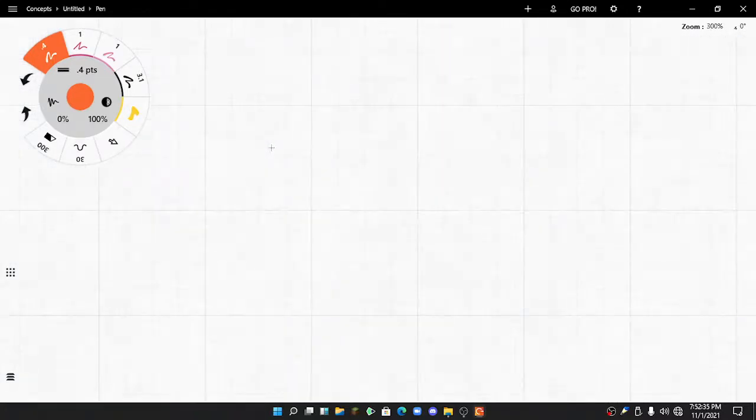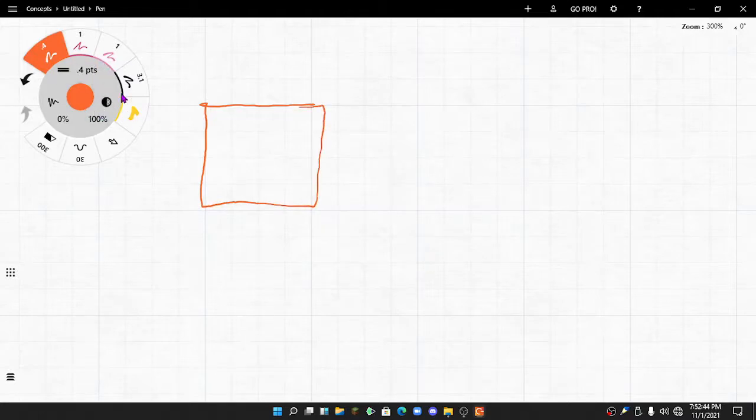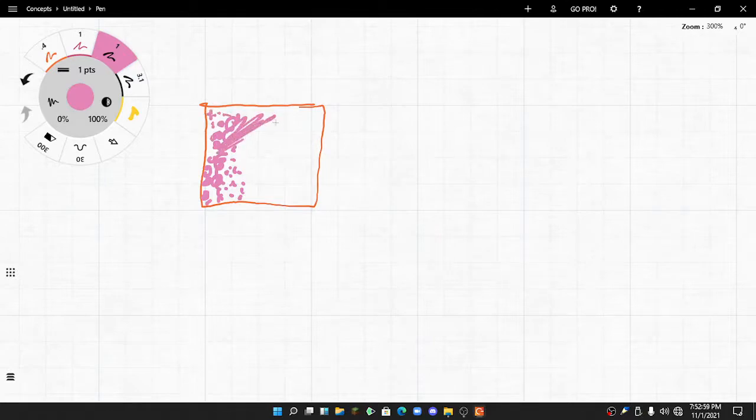So let us assume we got a box here, and inside the box we got several little dots intertwined, very closely related to each other, very close. It's so close that we cannot see.